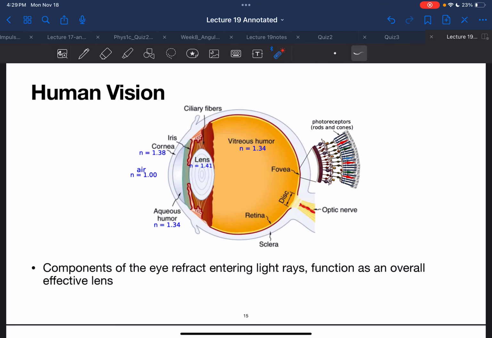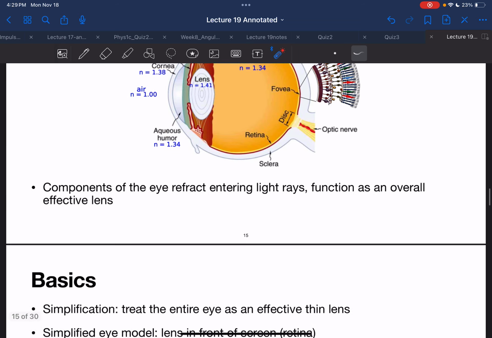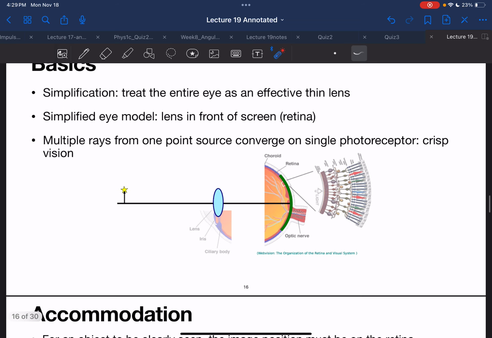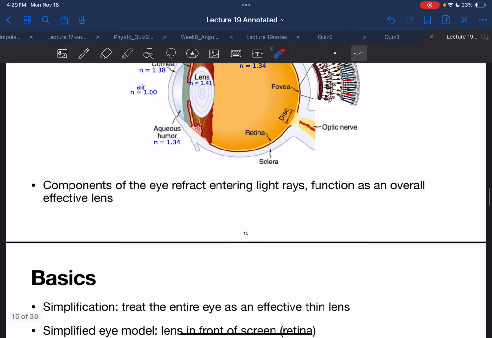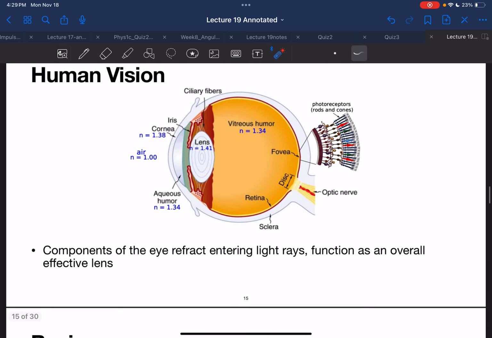All right, next up we will talk about human vision. We'll go ahead and treat components of the eye as a collective lens, and we'll treat the retina as our screen where the image is forming. That's a simplification, because technically in your eye you have the cornea, the iris, and the aqueous humor.